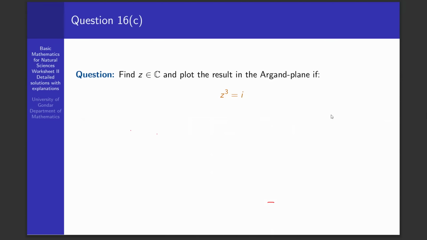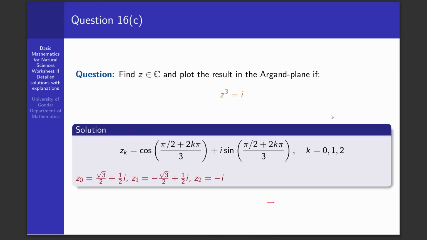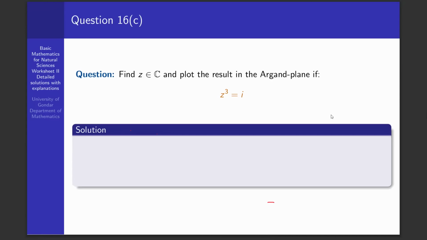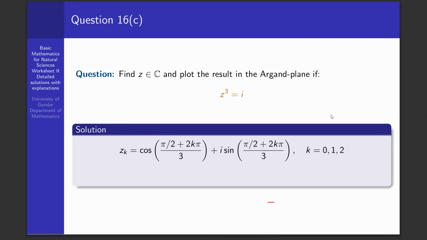Similarly, the last one, it is similar to that one. I think it's better if I leave it as an exercise for you. By the way, the roots are here, but you are required to try to plot the roots on the Argand plane.